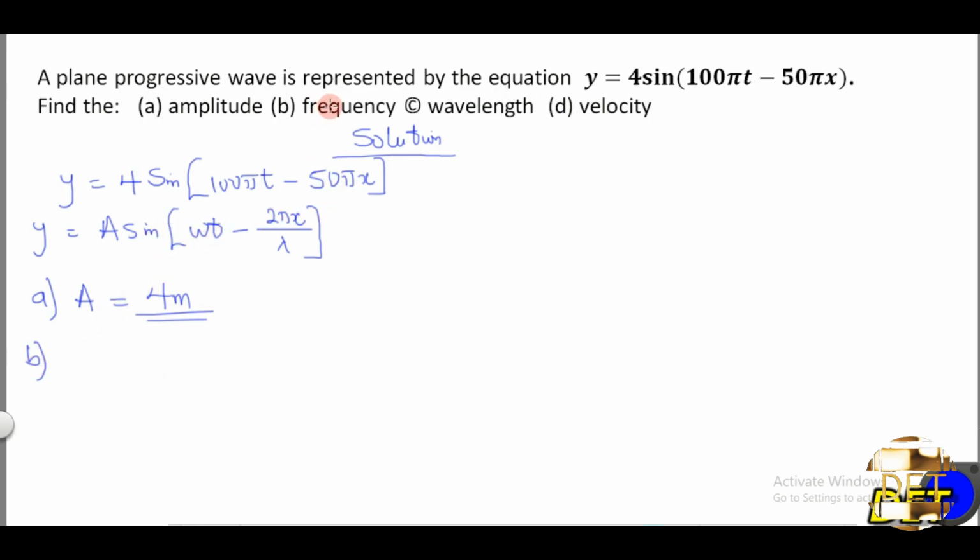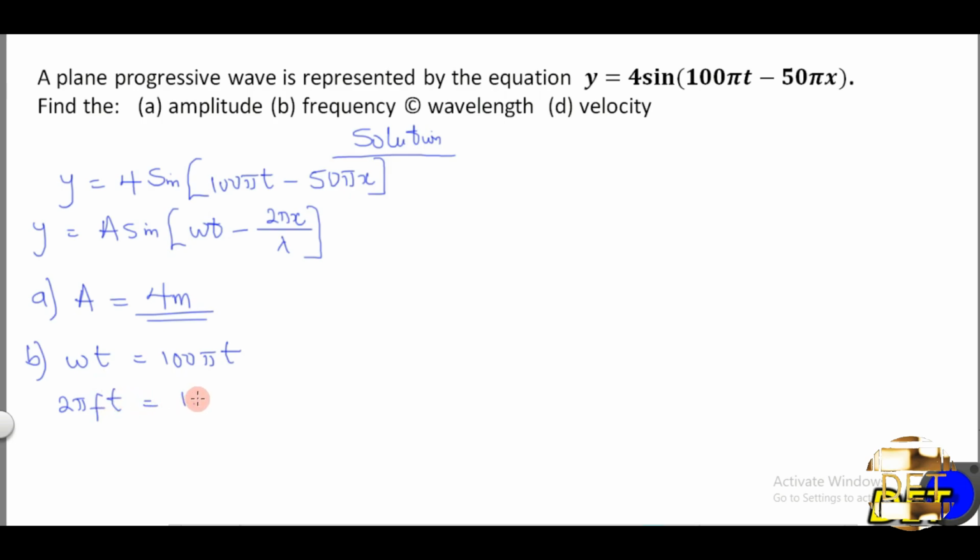Then we have B. B is to look for the frequency, right? So we compare this and this together and equate them. So I have ωt = 100πt. You should know that your ω, omega, which is the angular velocity, is 2πf, right? Angular velocity ω is equal to 2πf, and I have t there before.